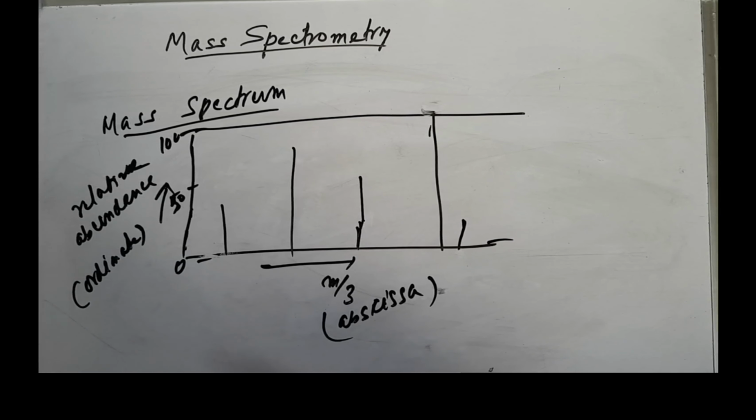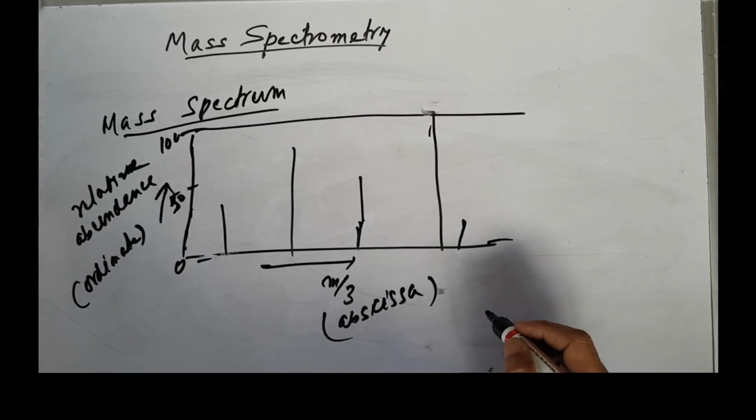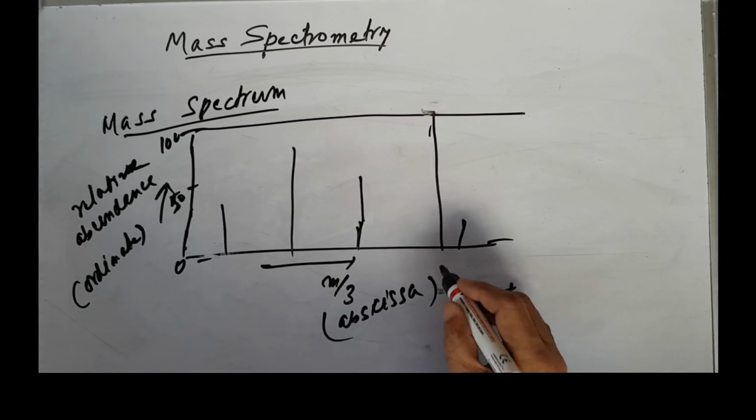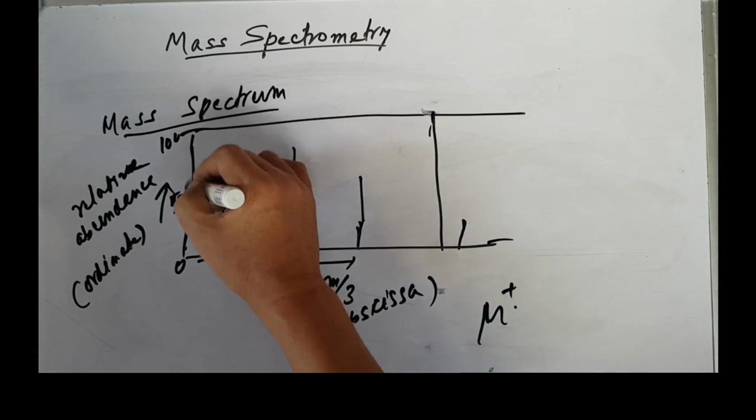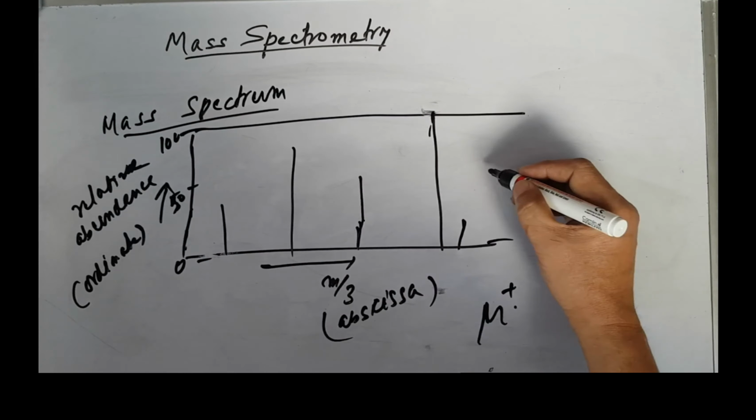Generally the molecular ion peak, M plus, has the highest peak. If the relative abundance is 100%, then it is the base peak.